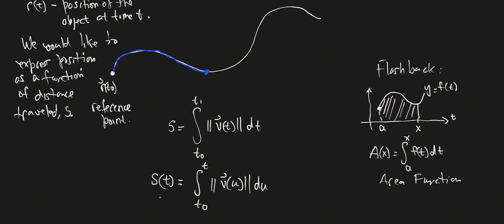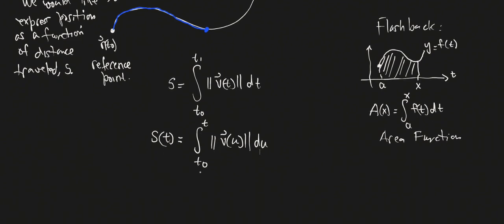So this is what we're now going to consider our distance function, right? So our distance is a function of time, right? And again, of course, our velocity will play a role here. So this is what we're going to define as our distance function.